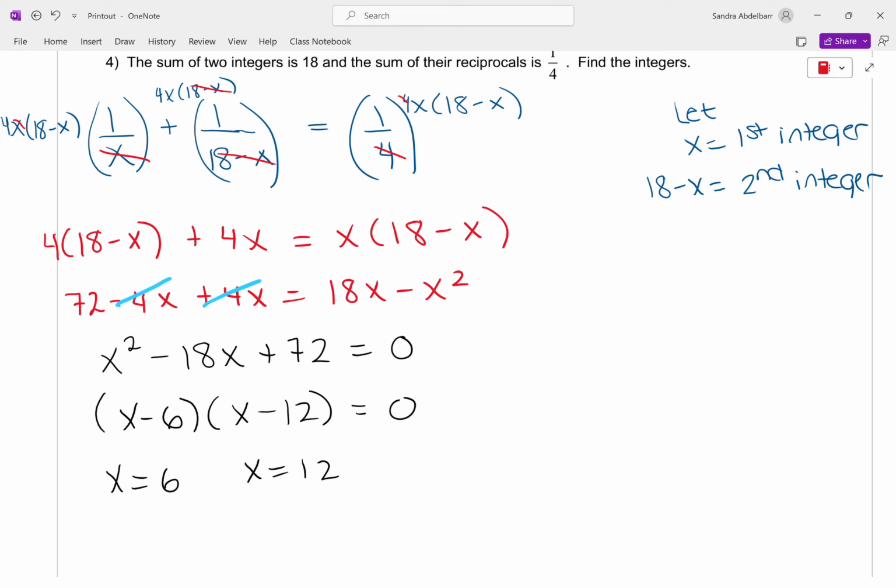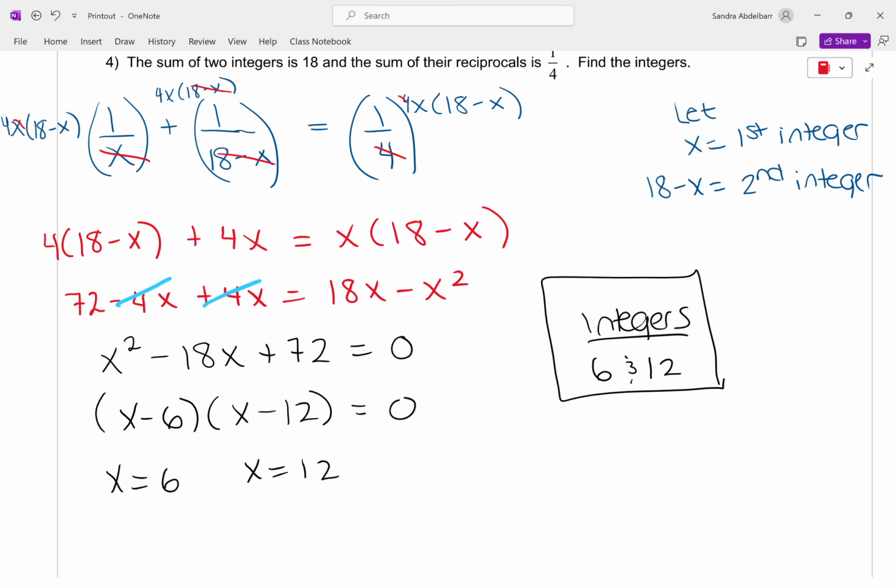If you plug in both of these, whatever the first integer is, let's say you get 6 for your first integer, you'd get 12 for the second one. Let's say you decided to say 12 is your first integer, then what's your second one? 6. Does it matter? No, it does not matter. So find the integers. So the integers are 6 and 12.